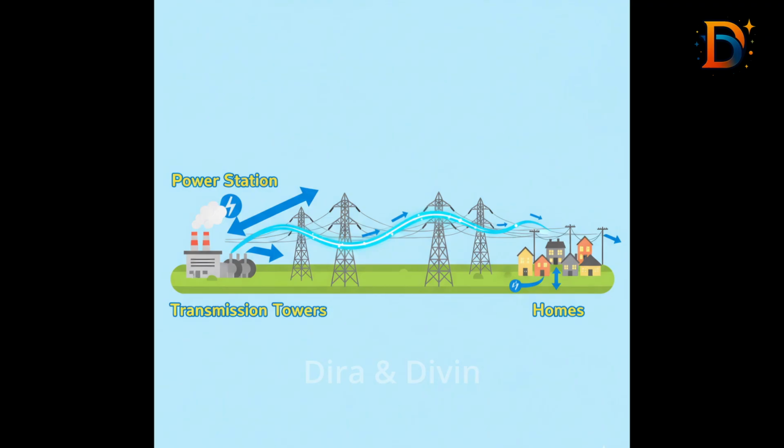Electricity is made in power stations from fuels, sun, water, or wind, and then sent through huge wires called transmission lines to homes, schools, and buildings. In your home, when you flip a light switch, the switch completes the circuit and electricity flows, making the light work.